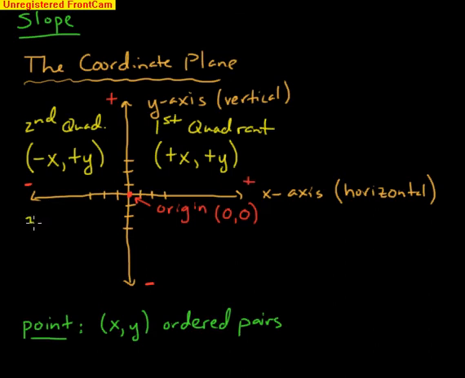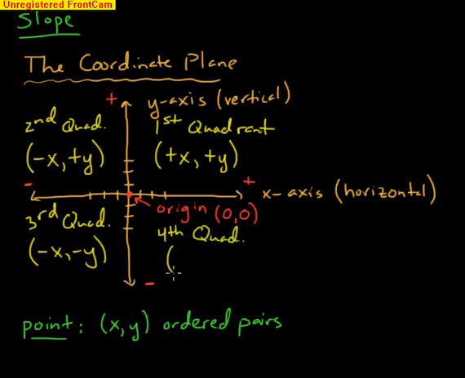In the third quadrant, notice negatives around the axes. Both your x and y are negative. And then lastly, in the fourth quadrant, your x is positive and your y is negative. Positive x, negative y.